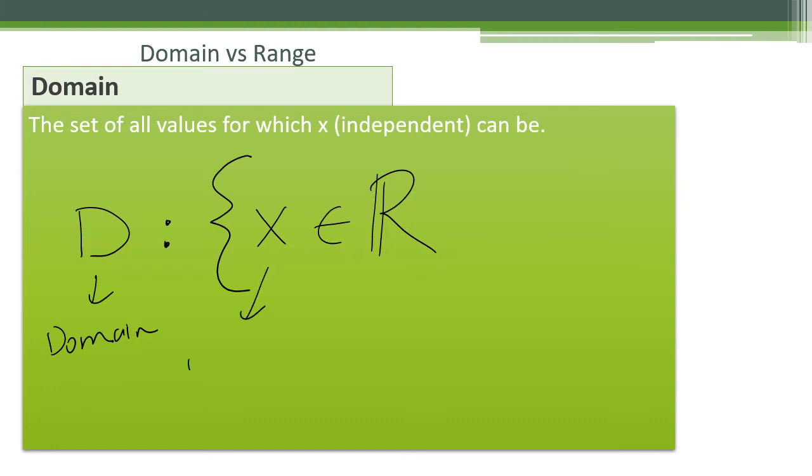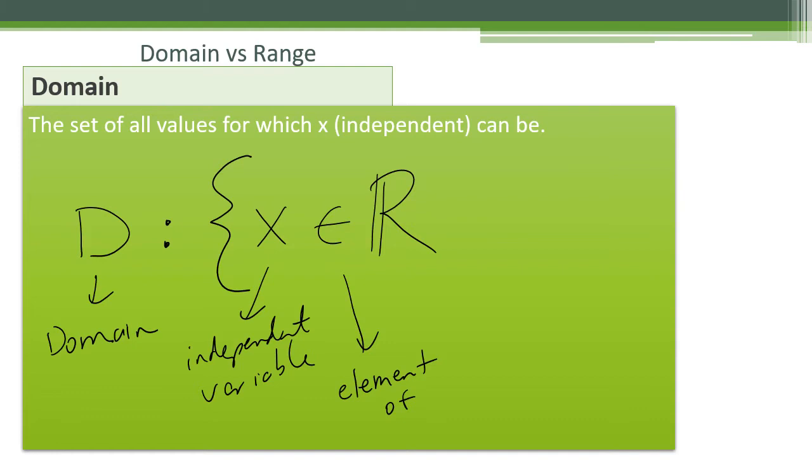So let's label this as the independent variable. That weird looking E symbol stands for element of. That capital R with the double line, remember there's different sets of numbers.